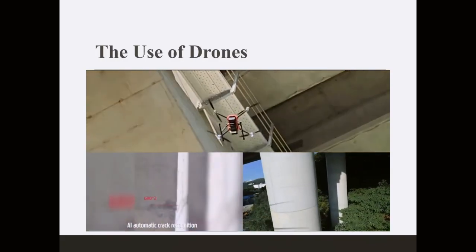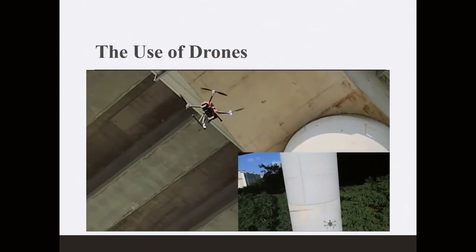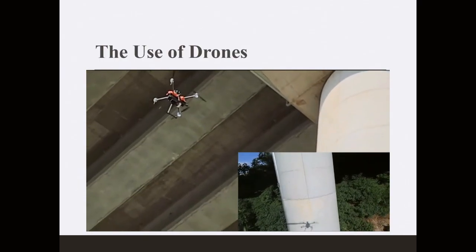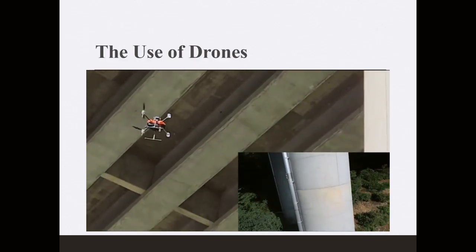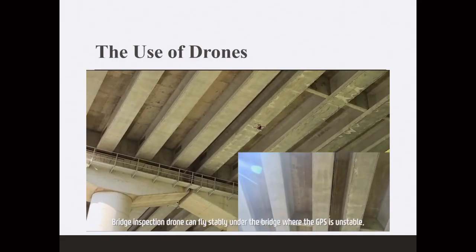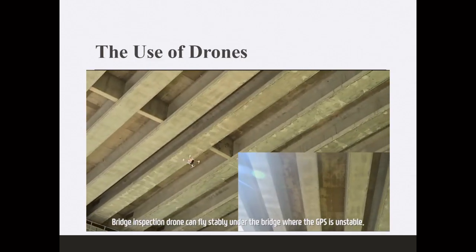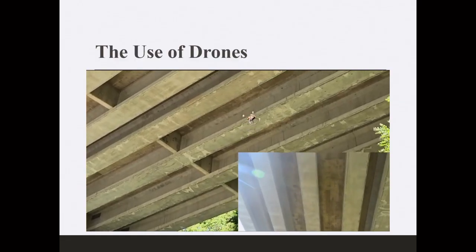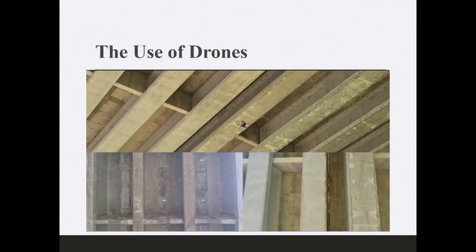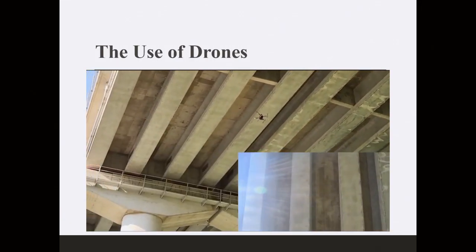You cannot see the connections, the pins, the cables. So always, instead of blocking traffic and having somebody climbing and doing risky activities to do one inspection, flying a drone like this can generate tons of data points for you in a very safe manner and without any problems or any blocking of traffic.